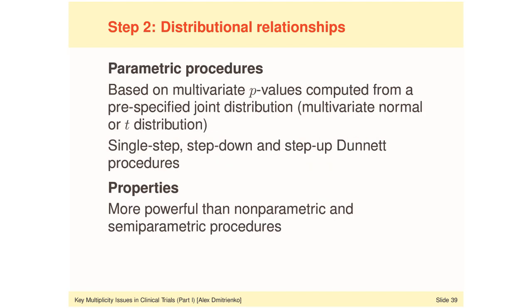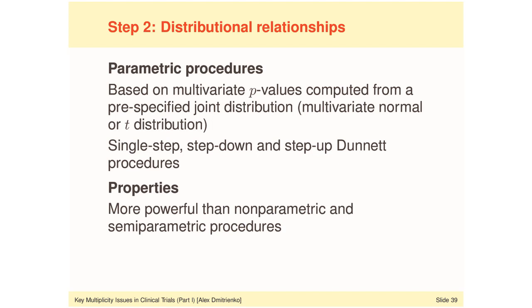Moving on to parametric procedures, this is a class of exact multiple testing procedures that make specific distributional assumptions. For example, they may assume that the hypothesis test statistics in a multiplicity problem follow a multivariate normal distribution or a multivariate t-distribution.